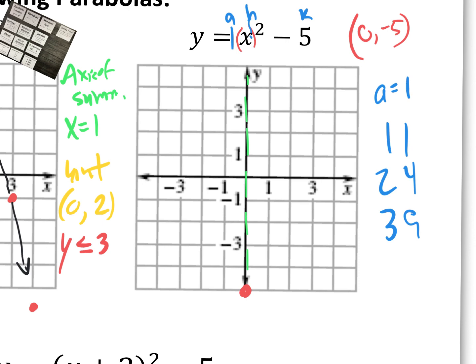All right, so from the vertex, go 1 over 1 up, put a dot there. Back to the vertex 2 over 4 up, put a dot there. Back to the vertex 3 over 9 up, put a dot up here. Map those dots to the other side, right there, right here, and up there. And voila, you have your parabola. I can't believe we're graphing it that quickly.